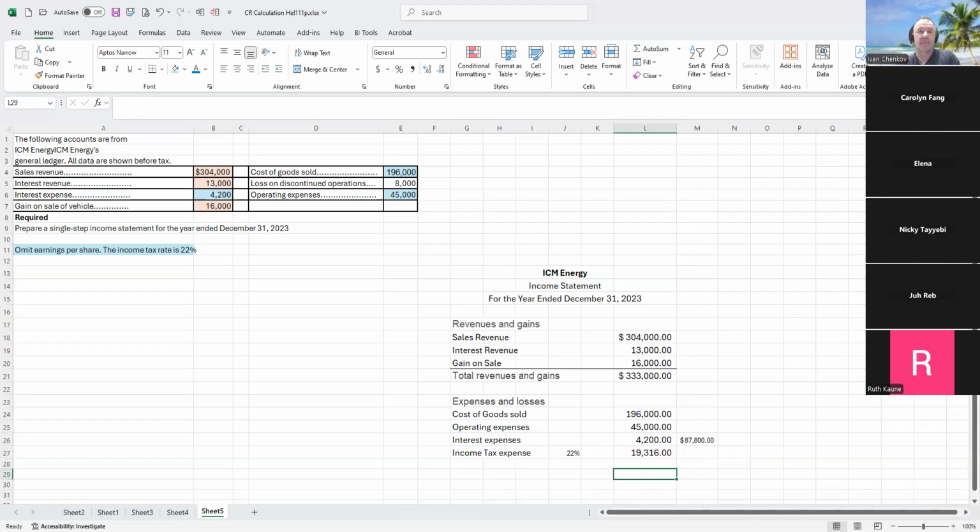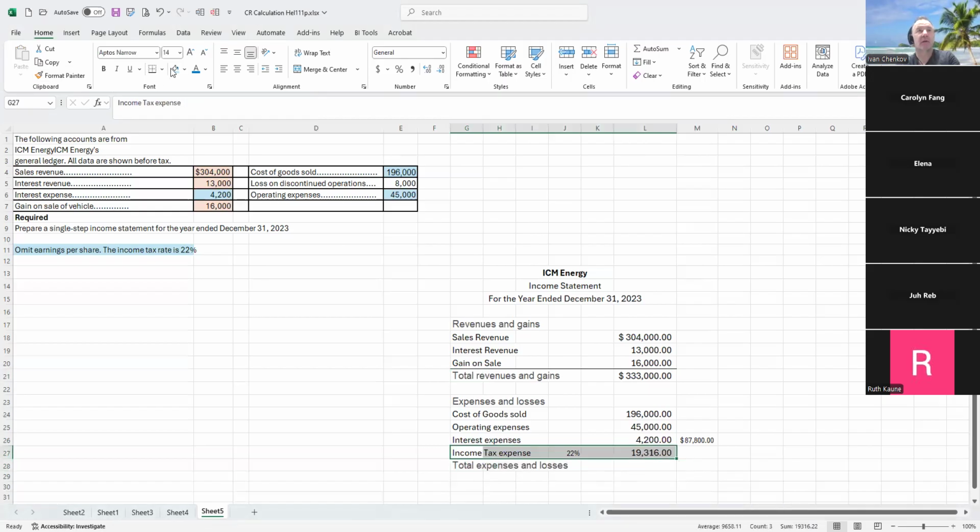Correct? Are you guys following me? Yes. Okay. So my total expenses here will be that much. Let's highlight it here. And that's my total expenses and losses.